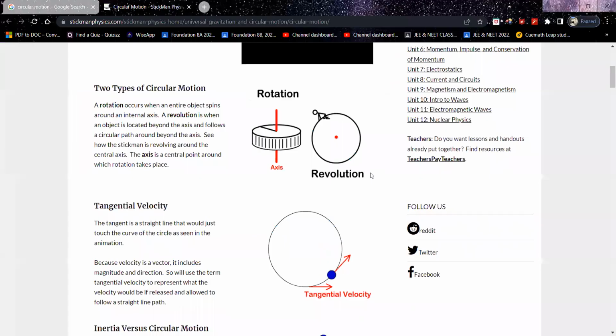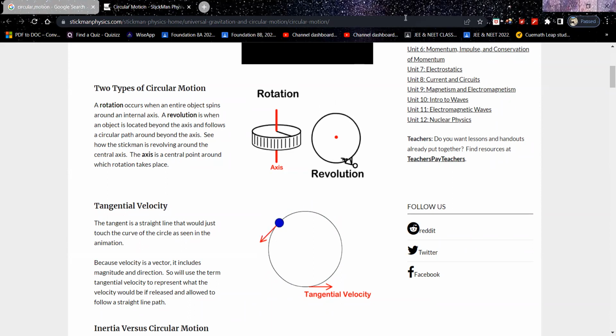Can you see this? Can you see the screen? Yes, sir. Okay. See this. We are not going into tangential velocity first because this is 12th standard portion. We're just seeing this part.